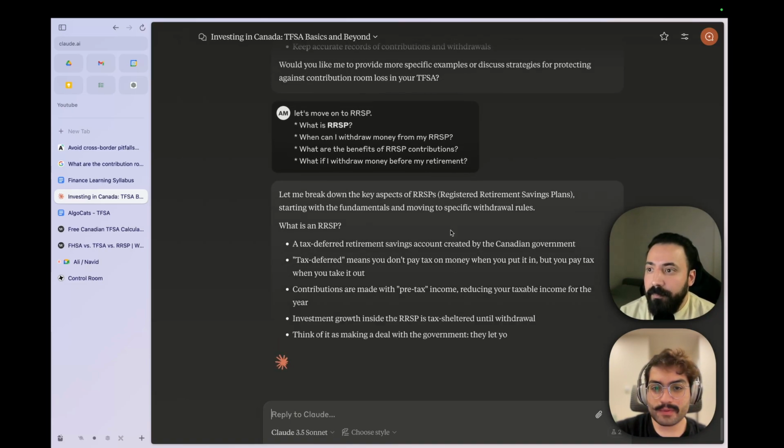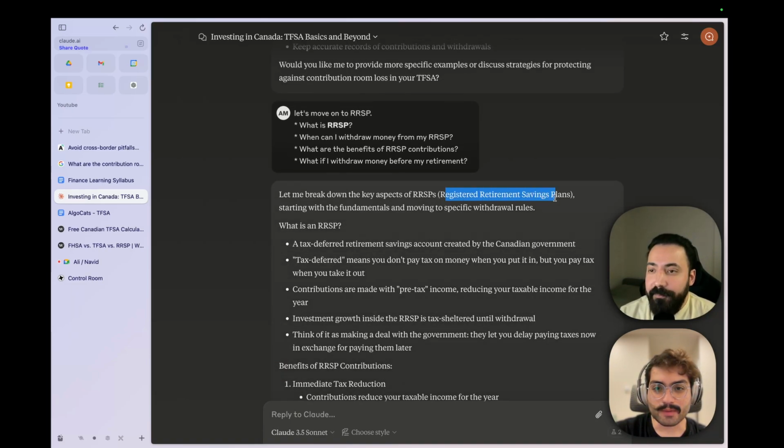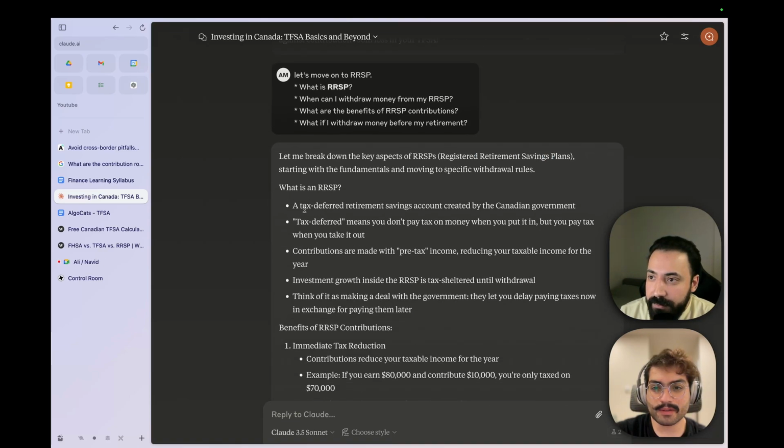Okay, so RRSP is for retirement, right? Correct. RRSP is a tax-deferred retirement savings plan created by the Canadian government. Tax-deferred means you... Yeah, go ahead.